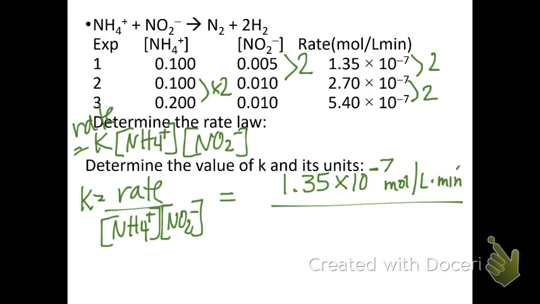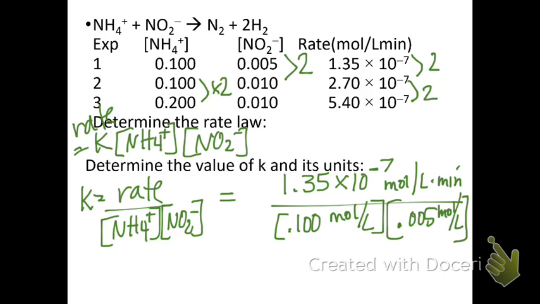And then the concentration is 0.100 moles per liter, and then 0.005 moles per liter. Do your math first and then do your units separately. So my math comes out to be 2.7 times 10 to the negative 4.